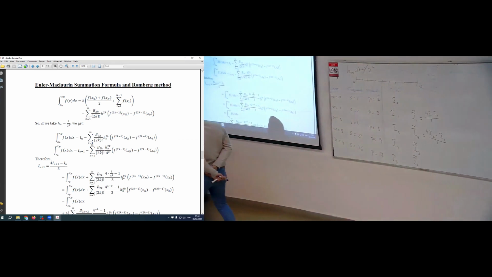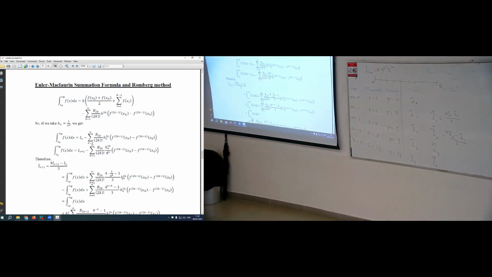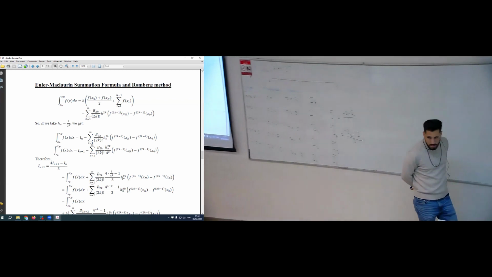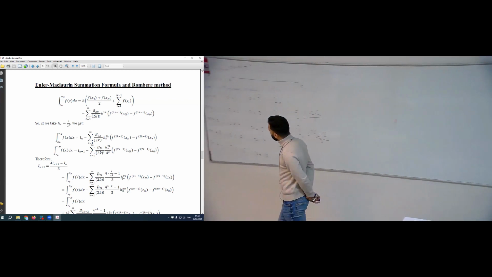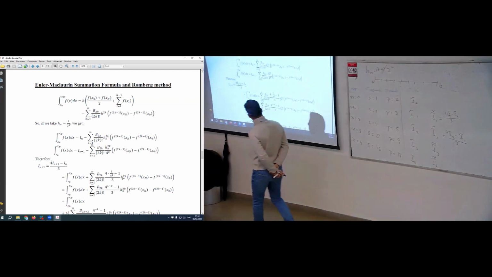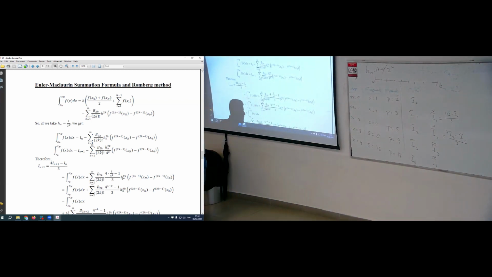So this summation formula, you can find it in Wikipedia. Anyway, you can write it like this, and it says that the integral of f between x0 and xn is the trapezoidal integral plus a correction.